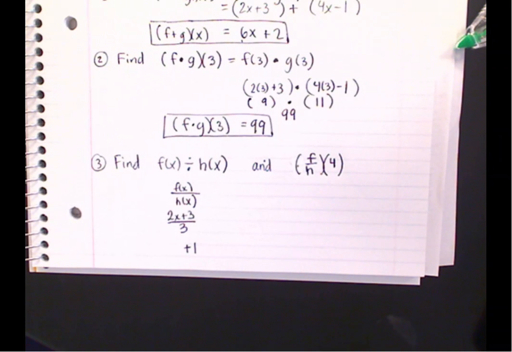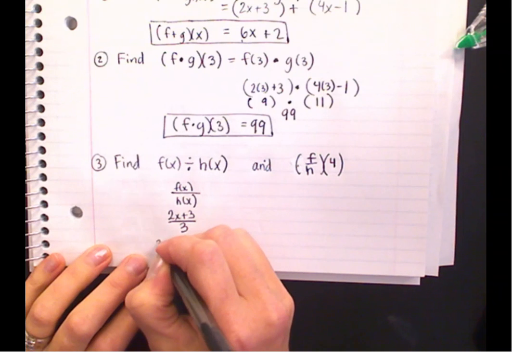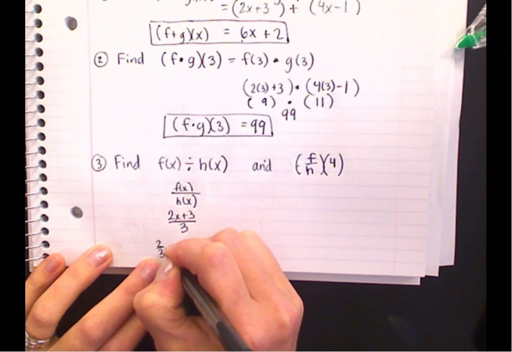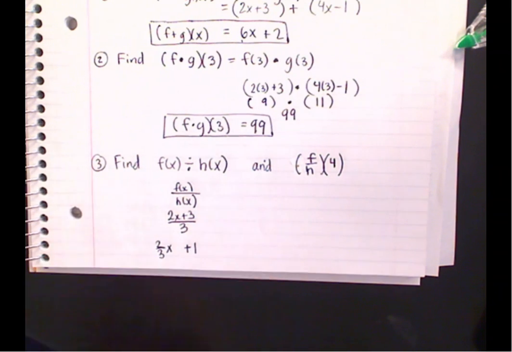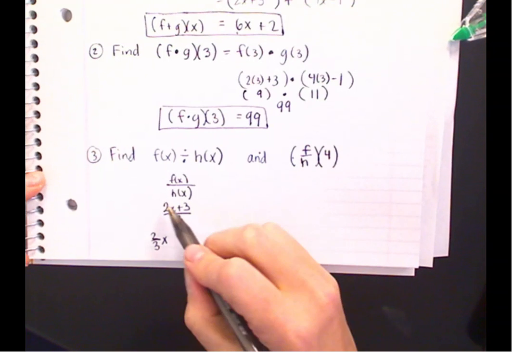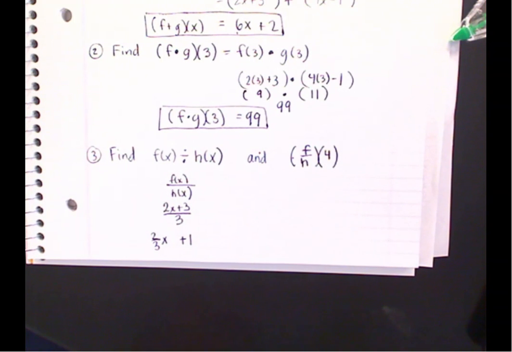I'm just going to write it like this. I like to write my x in front of the coefficient, right? 2/3 x plus 1. When you reduce those fractions, that's a review skill, guys. I expect you to remember that.